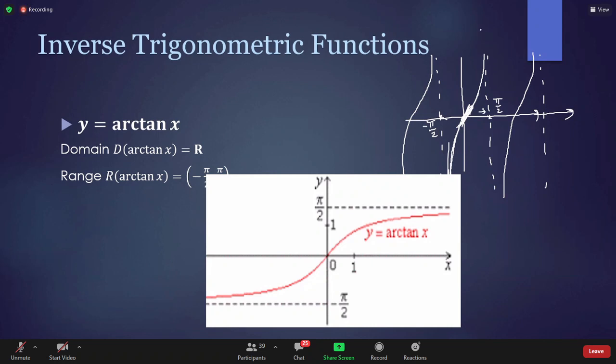And when the angle goes close to negative pi half, the tangent value goes down, down, down, very large negative, which means when x goes very, very far away to minus infinity, the arctangent value simply goes very, very close to minus pi half. These are the inverse trigonometric functions. All right.